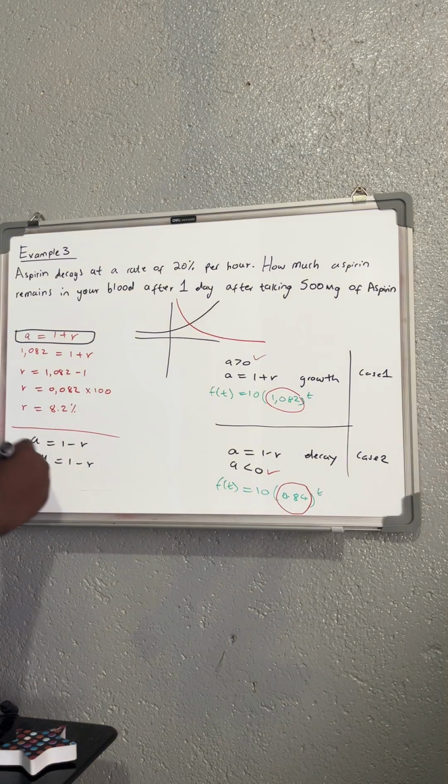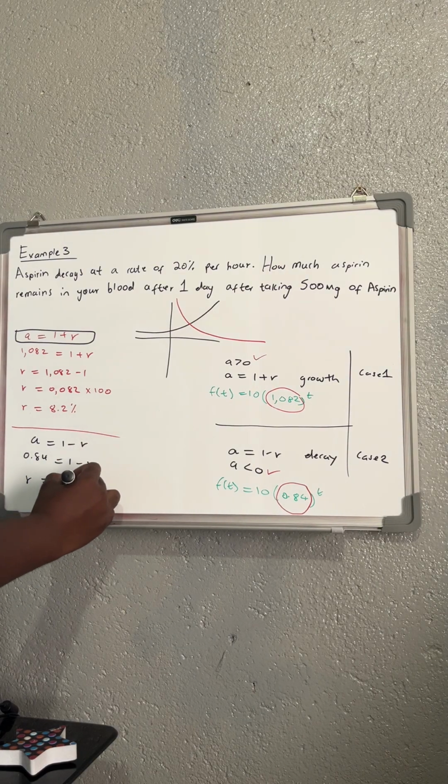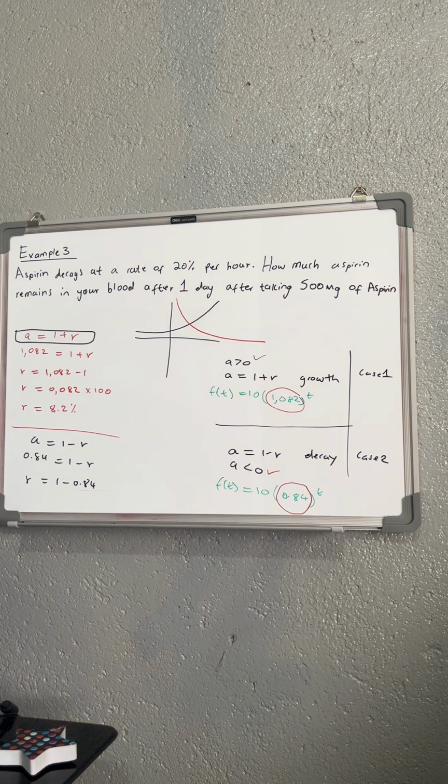Then you'll take your r to this side, then you'll have your 1, you take this one to the other side, minus your 0.84. Then whatever answer you get, you multiply by 100. Then you will say that is your rate of decay.